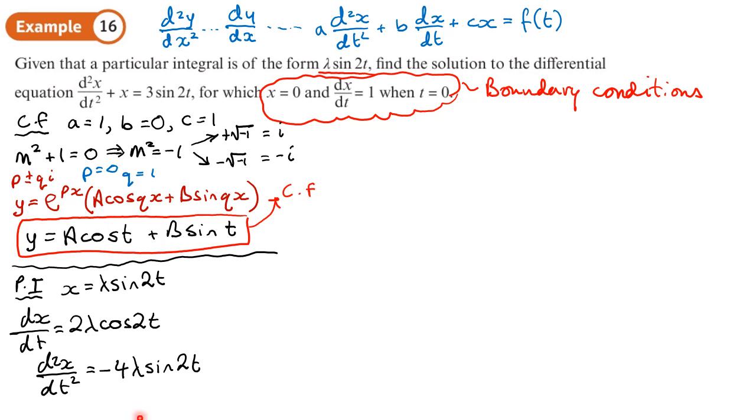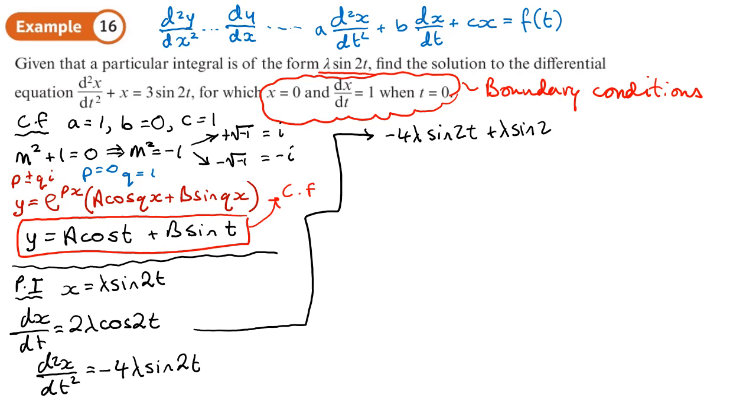We'll now substitute these into the differential equation. So we've got the second derivative, negative 4 lambda sine 2t, plus x, so x is lambda sine 2t, equals 3 sine 2t.